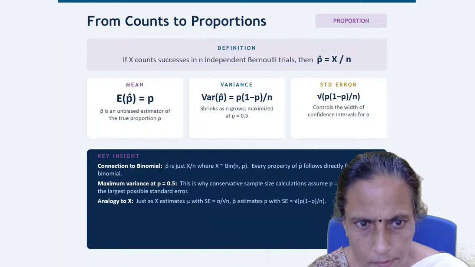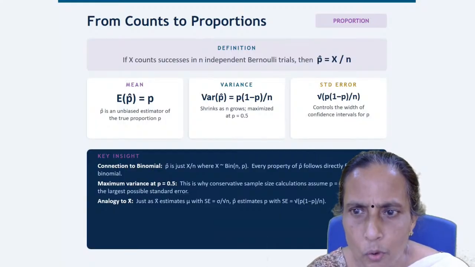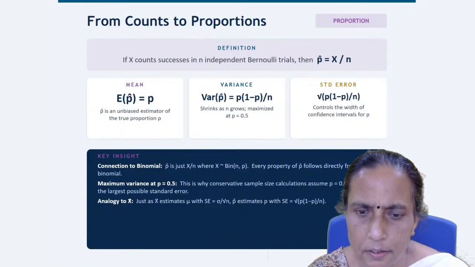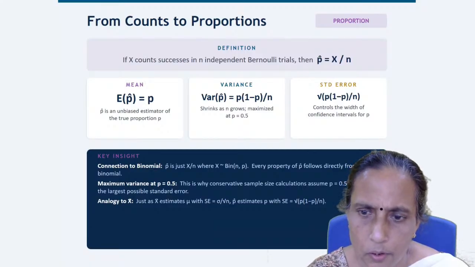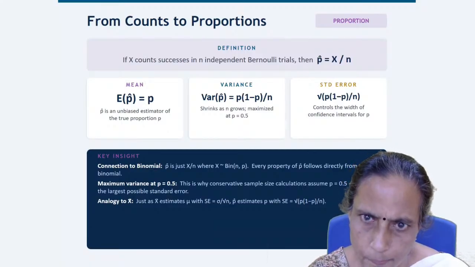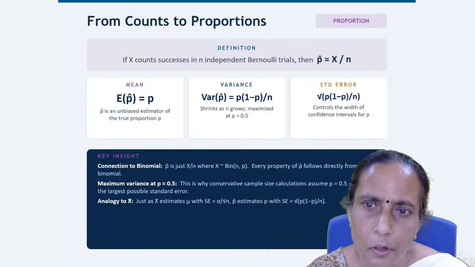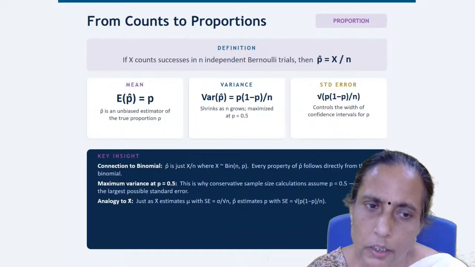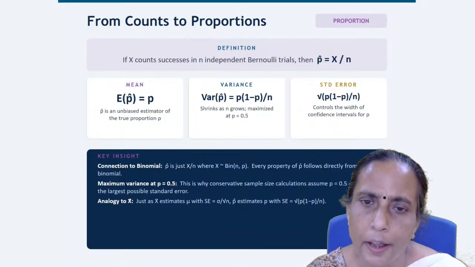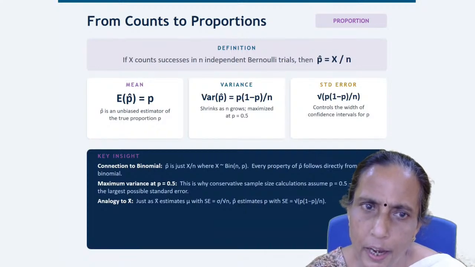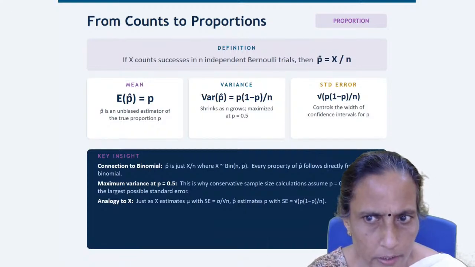That means we have two outcomes, one is 0 and one is 1. The mean of your Bernoulli distribution is equal to P and the variance of the proportion is P into 1 minus P by N, where N is your number of trials.